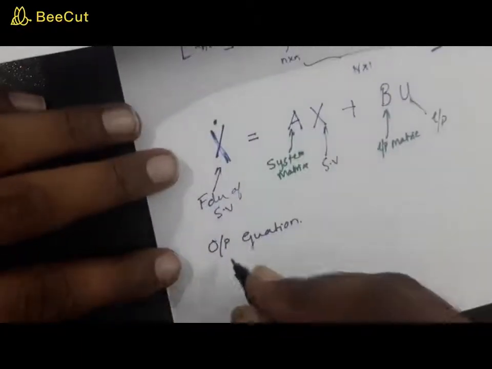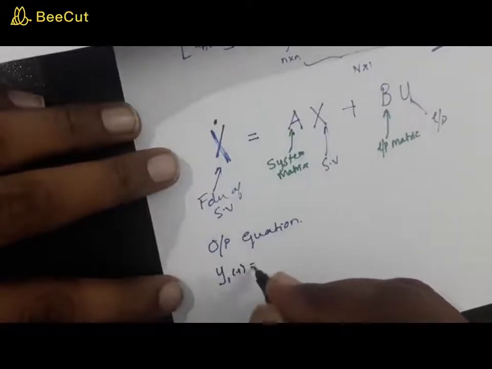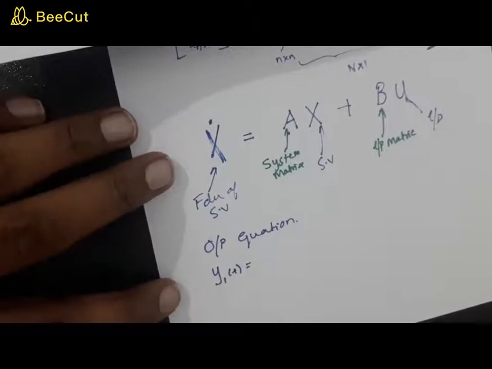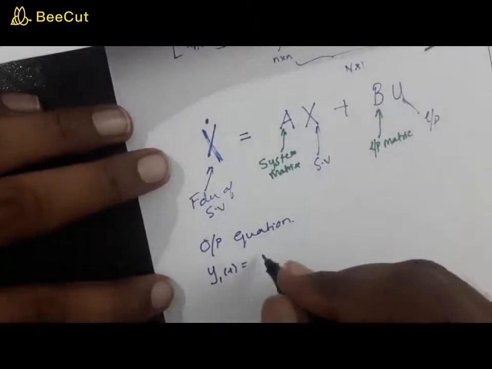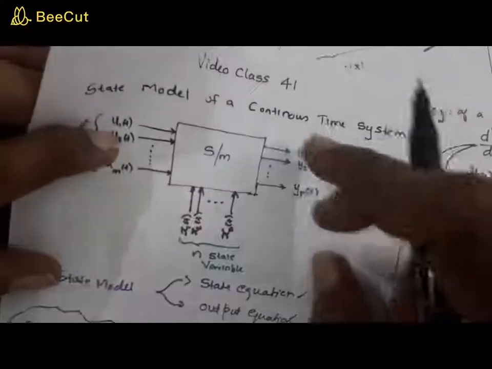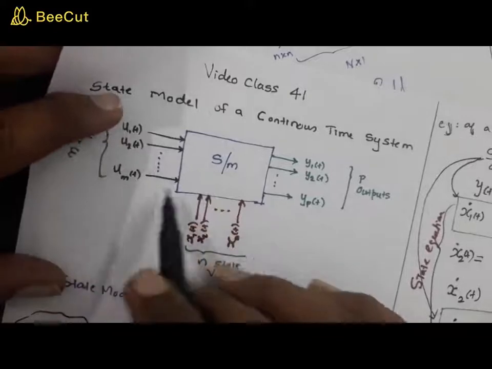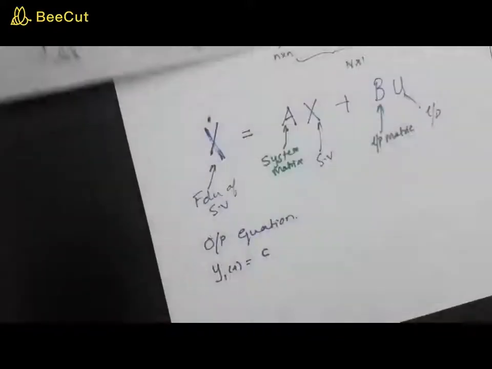So you can write the output y1 of t as a weighted combination of the input. Each output is going to be a function of this input set as well as the state space set.